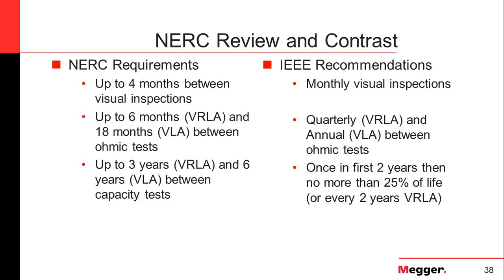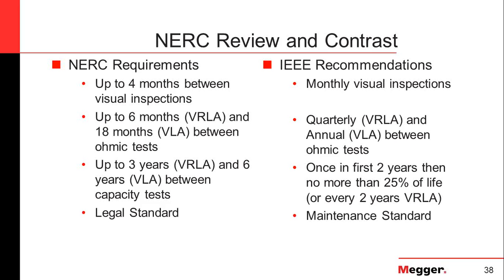Again, there are manufacturers that rate batteries maybe 30 years, but I personally would not design based on a 30-year life. You might design based on a 20-year or 15-year. So 25% of life is going to be less than the 6 years. And keep in mind also that if it's VRLA, they're recommending a maximum of 2 years.